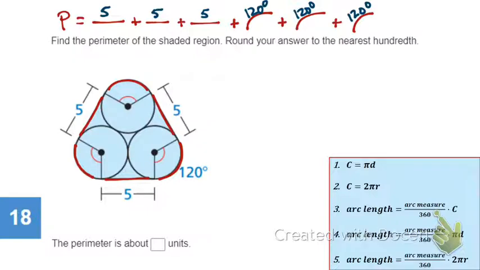So the first thing that we can notice about this problem is that 3 120 degree arcs, if we put them together, will create one 360 degree arc, or in other words, a circle. So those 3 arcs that we have would look like this if we glued them together.